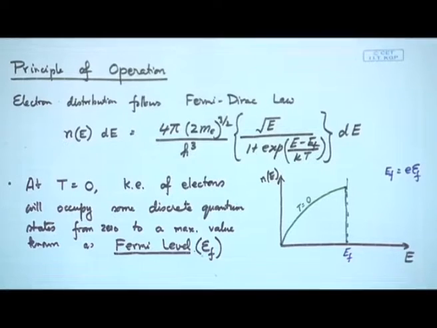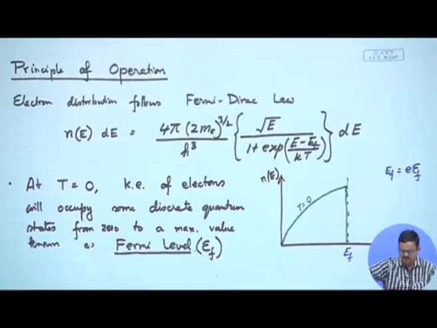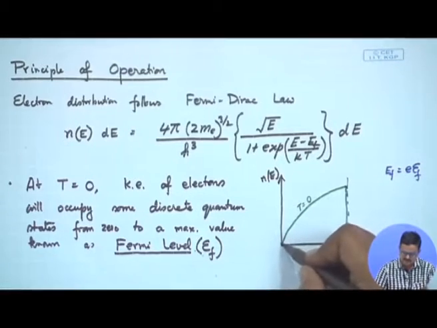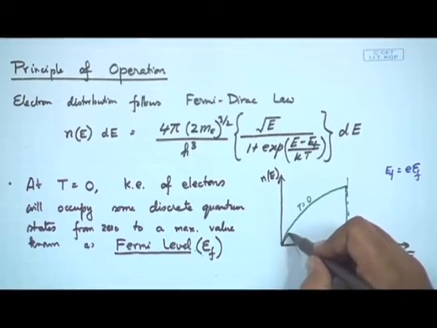Now, if I increase the temperature beyond 0, the electrons have free energy above this Fermi level, and they would tend to vibrate around that. So, if I increase the temperature, I will start seeing something like this.